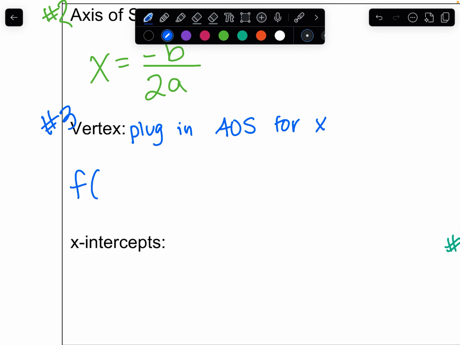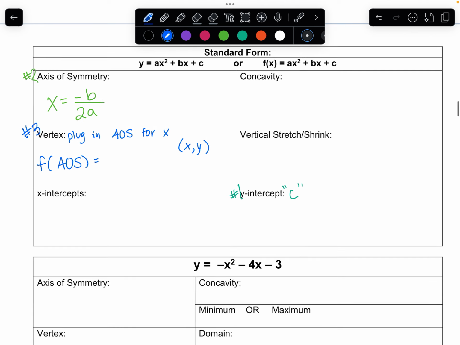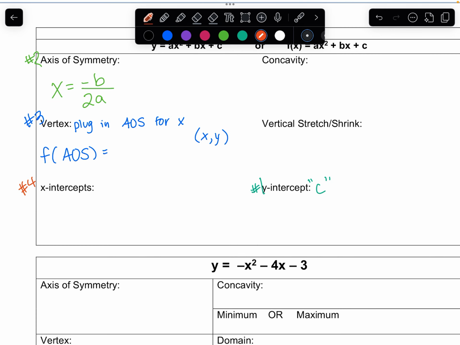So f of your axis of symmetry equals your value, and so we get x comma y. And then from there, you find your x-intercepts. Again, that's where we solve for x, or you can plug in 0 for y. So 0 equals ax squared plus bx plus c.